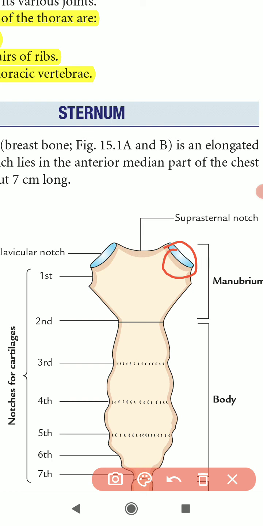This is the sternoclavicular joint, which is formed by the clavicular notch of the sternum and the clavicle.